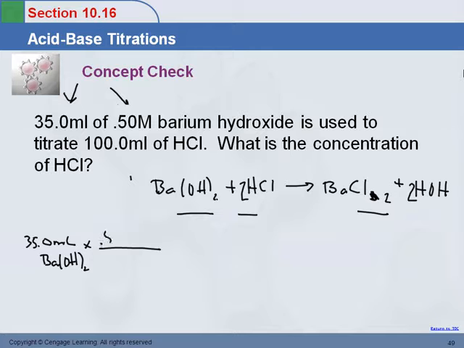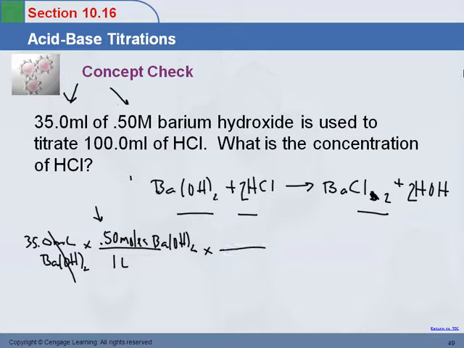So 0.50 moles of barium hydroxide is equal to 1 liter of solution, which is what I have there. So this is that unit conversion that I got from my molarity. So milliliters, whoops, hold on, milliliters don't cancel. What did I forget to do?